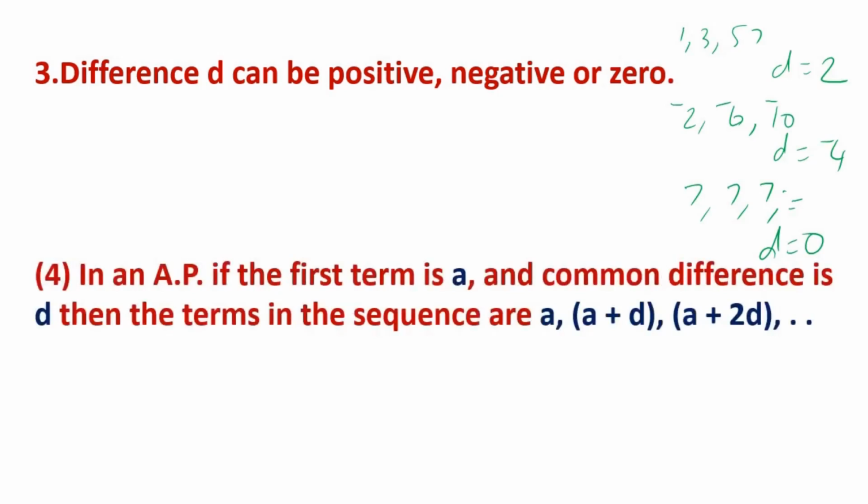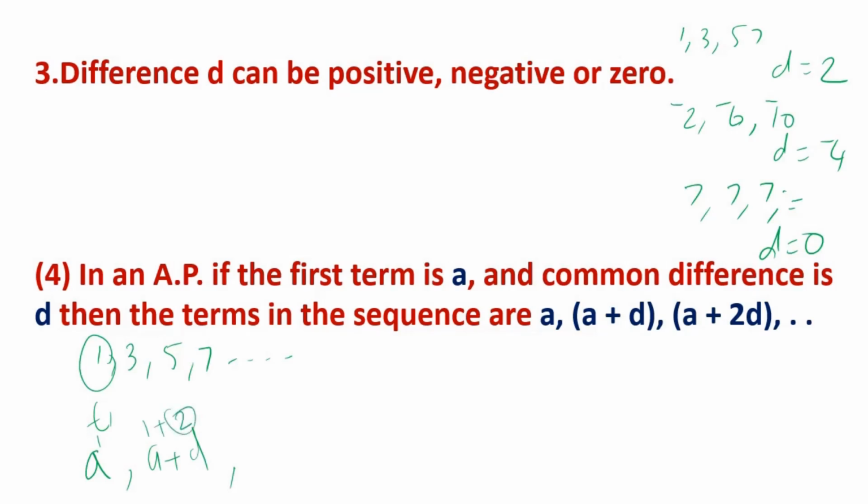And just like already mentioned, in this case 1, 3, 5, 7, the first term, this is term 1, can be denoted as A, suppose. The next term is 3, which we are obtaining by adding the difference: A plus D, that is 1 plus 2, the difference.